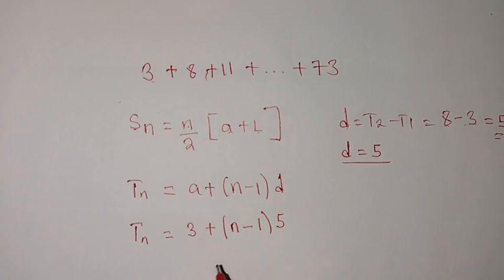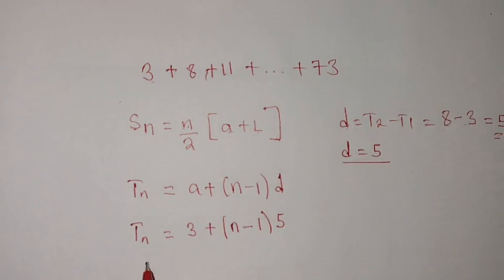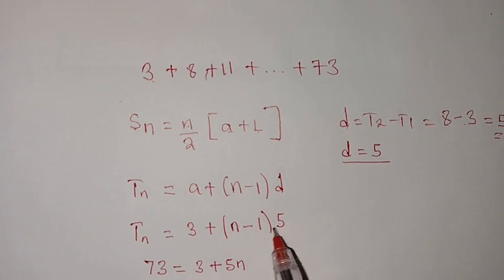From here, this T subscript n is the nth term, which will be represented by this number 73. So write 73 equal to 3 plus 5 times n. You're going to have 5n, and 5 times negative 1, we are going to have negative 5.